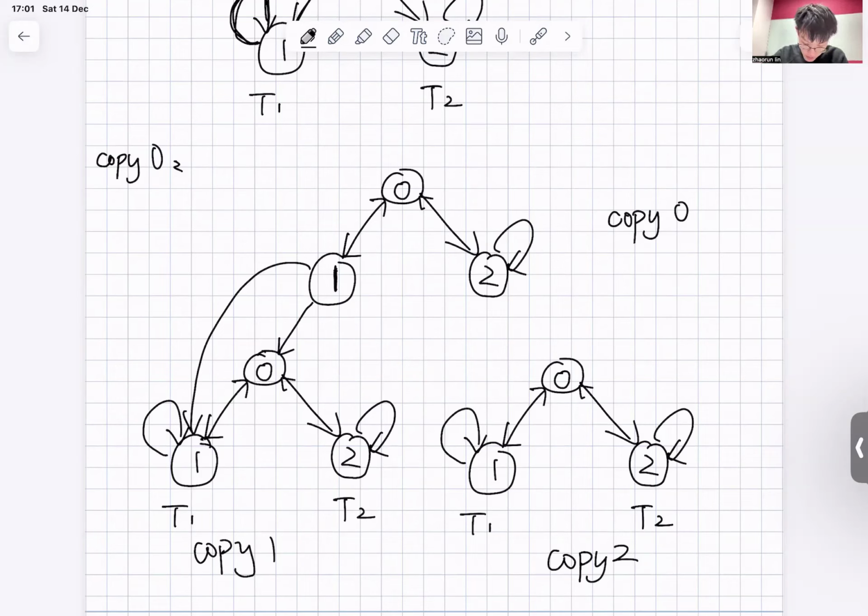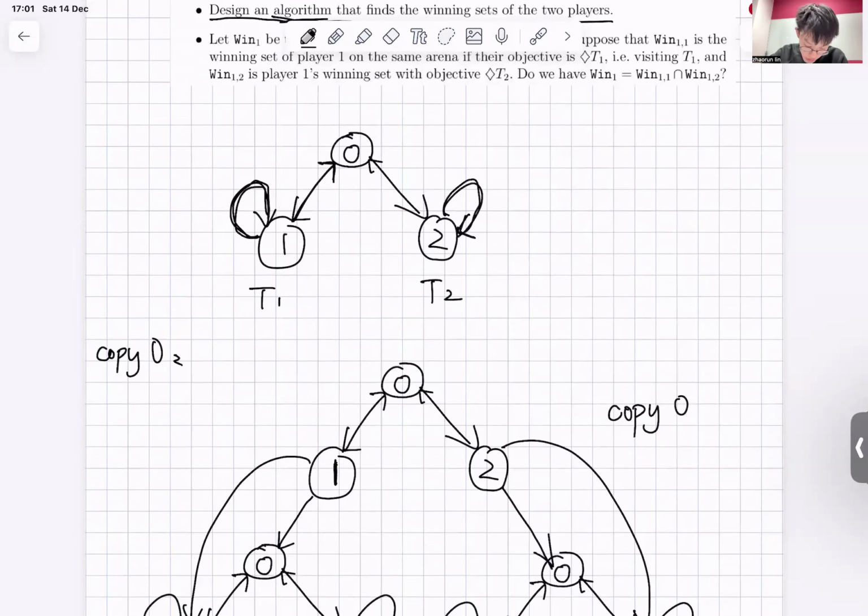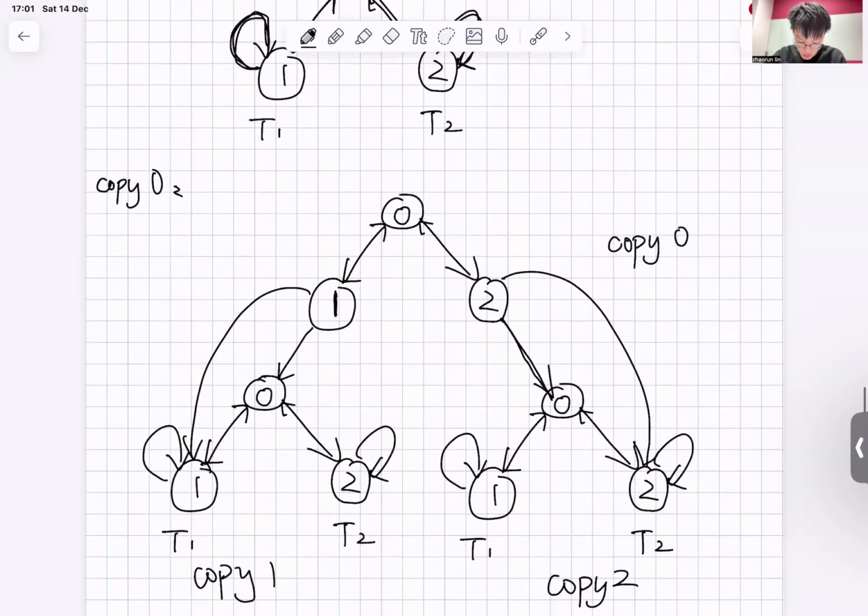This is similar for this one, because we have an edge to itself and an edge to vertex 0. So we create an edge to vertex 0 and vertex 2 in copy 2.